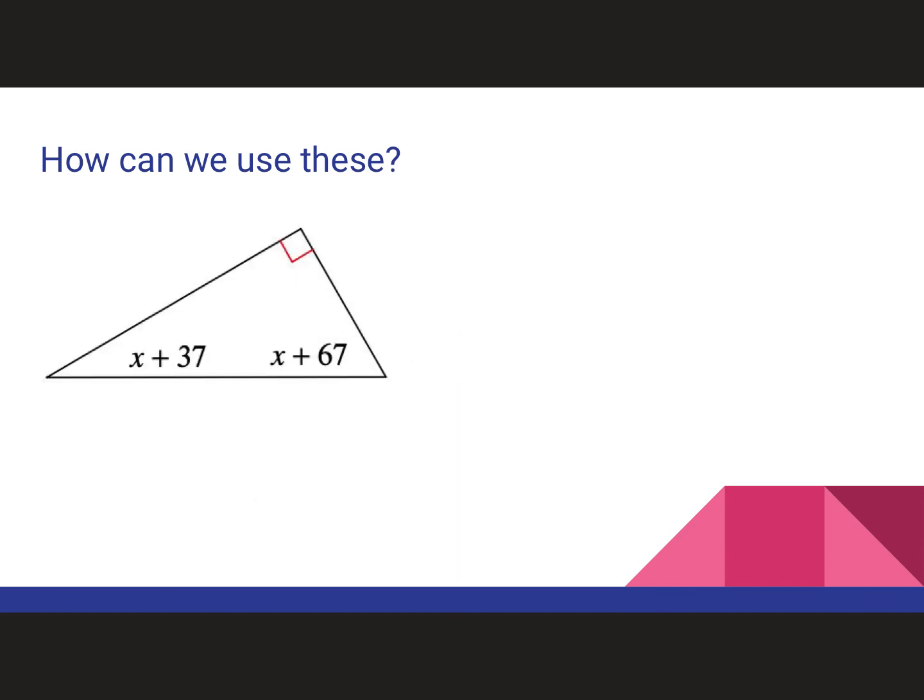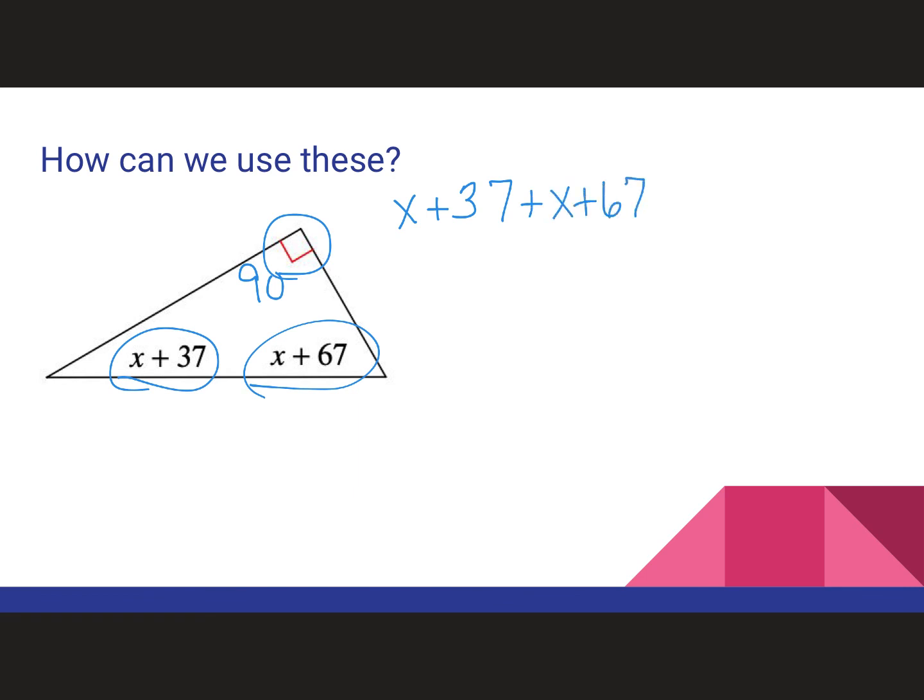Okay, one final problem, and then you're going to go on. So here, notice I have this little box again. Remember, that means that is a 90-degree angle. So I'm going to, again, add my sides. So I have x plus 37 plus x plus 67 plus 90 equals 180. So first I'm going to combine like terms. My x and my x combine to 2x. 37 plus 67 plus 90, give me a second, that is 194.